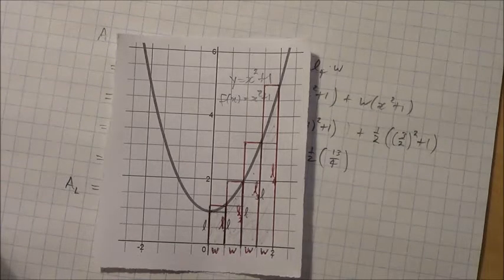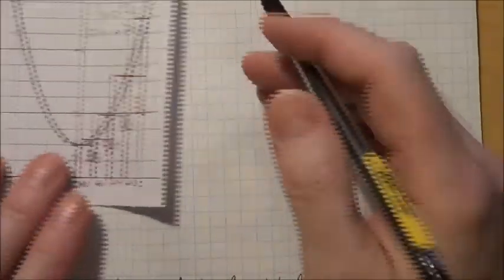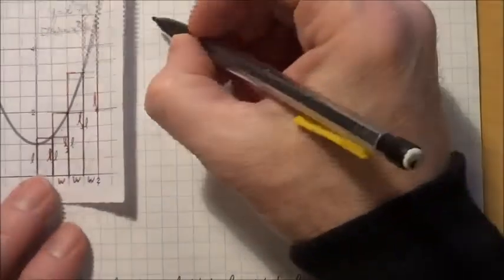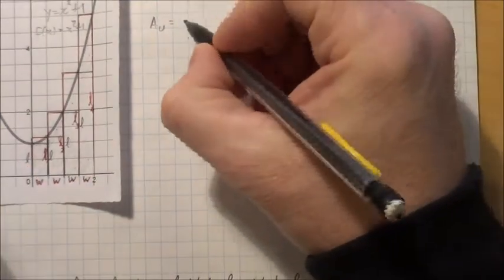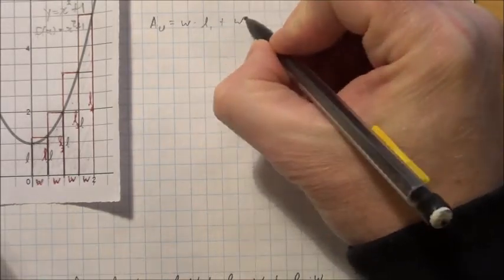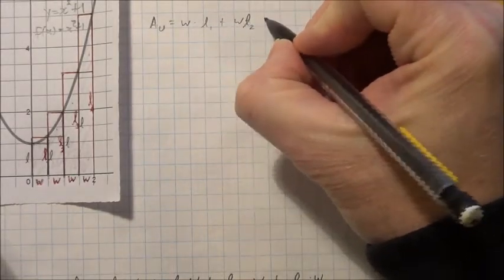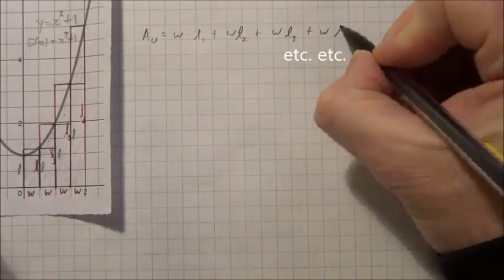So what we're going to do now is exactly the same thing. I've got the function, but now instead of doing the lower rectangles, I'm going to do the upper rectangles. So the upper rectangles is again width times length 1 plus width times length 2 plus width times length 3 plus width times length 4.